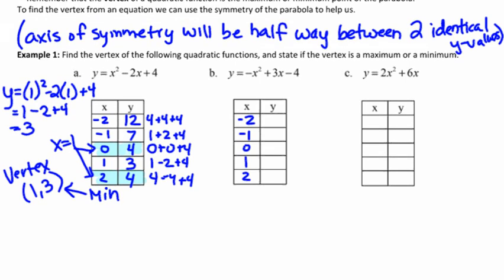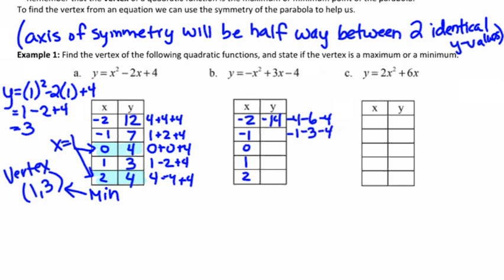-2 squared is 4, but then a negative is applied onto that in our equation. So I have -4. Plus 3 times -2 is -6 minus 4. So -14. When my x is -1, -1 squared is 1, but apply the negative to it is a -1. Plus 3 times -1 is -3.